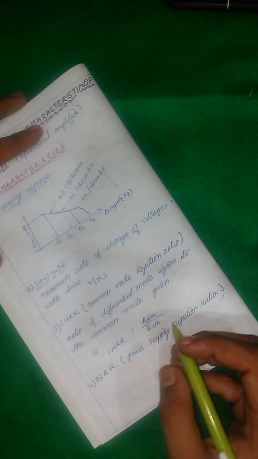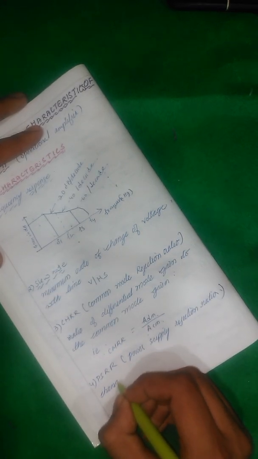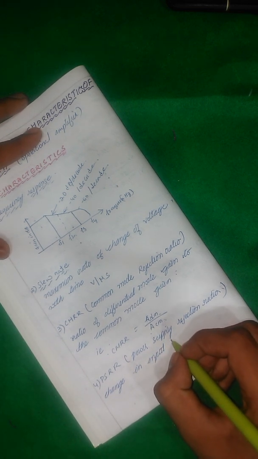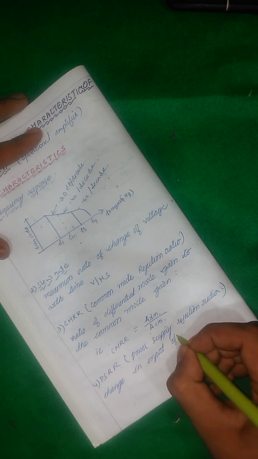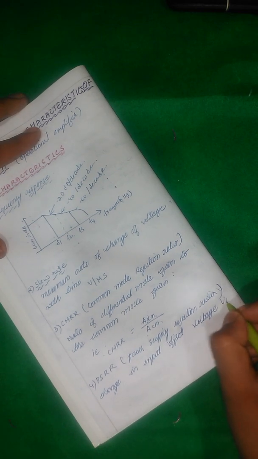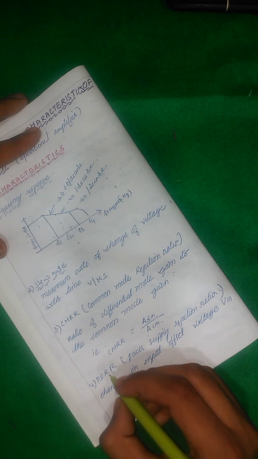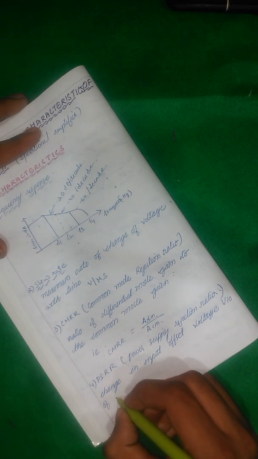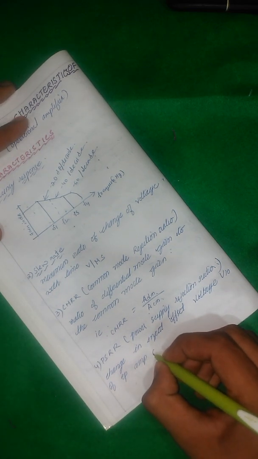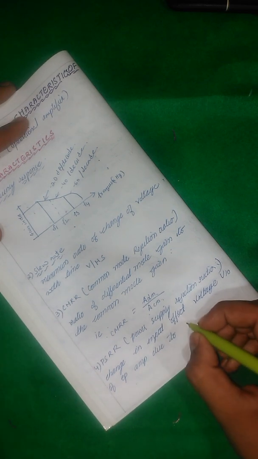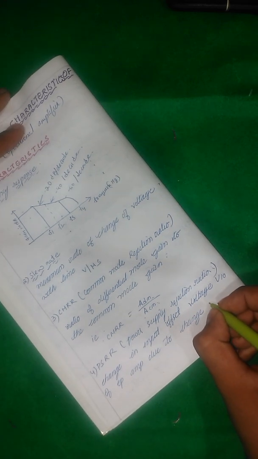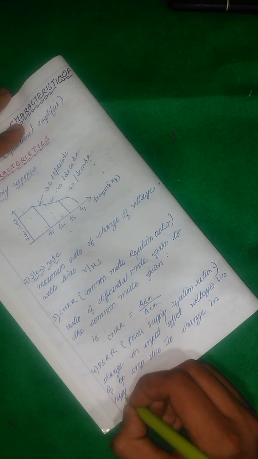It's nothing but the change in input offset voltage V_io of the op amp due to the change in supply voltage.